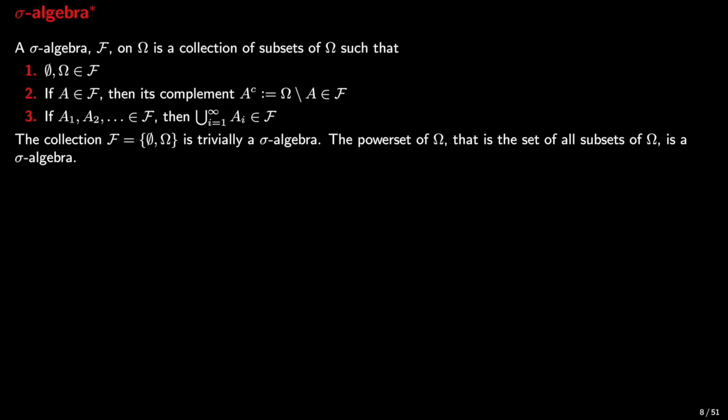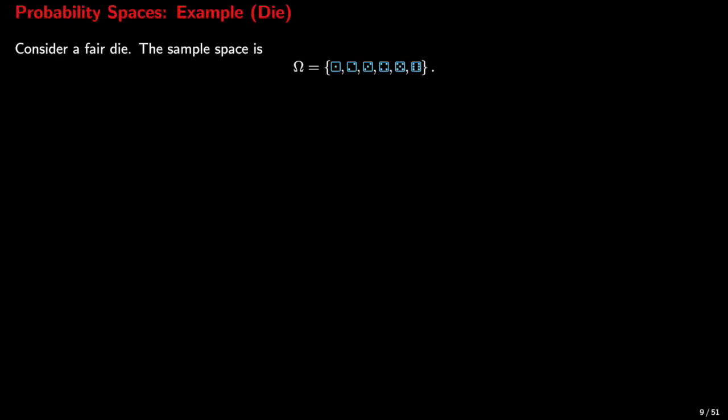I believe this is quite mathematical and it is a formality. So if you like, have a look at the definition, but it will not be essential for what follows. I just felt it should be here for the sake of completeness. So it is a collection. A sigma algebra is a collection of subsets of omega. This is what we need to keep in mind, that this collection satisfies three properties.